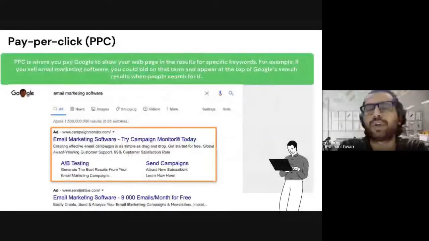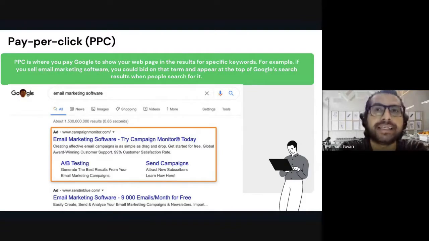The first one I told you, the PPC, means bidding on the specific keyword. PPC is where you pay Google to show your web page in the results for a specific keyword. For example, companies like Simplilearn, IIDE, Upgrad, Great Learning, they are providing digital marketing courses, and they are targeting one specific keyword, and that keyword is PG certification in digital marketing. They are competing with each other on that specific keyword.